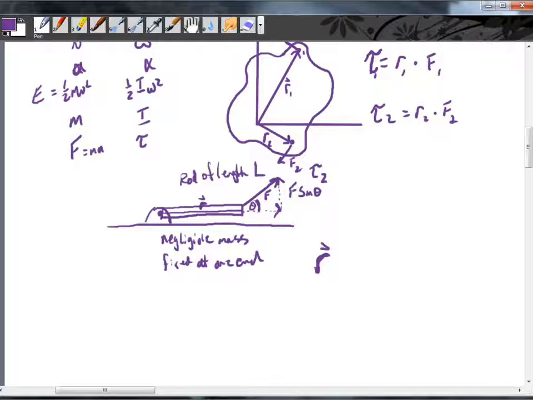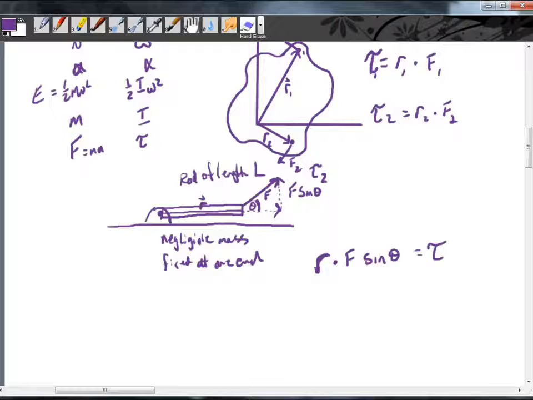So our torque winds up being our radius times our force times the sine of the angle in between them. This is going to equal our torque here.